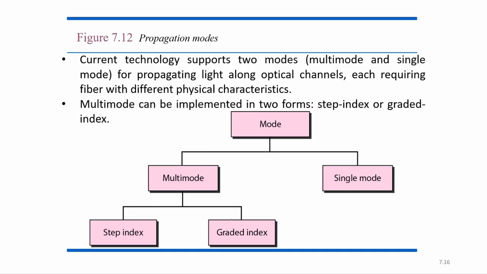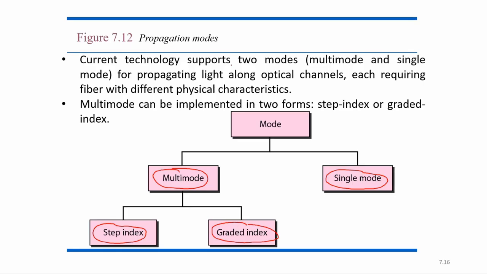So there are different propagation modes through optical fibers: multi-mode transmission and single mode transmission. In multi-mode, there are step index fibers or graded index fibers. We will see what a step index and a graded index are.